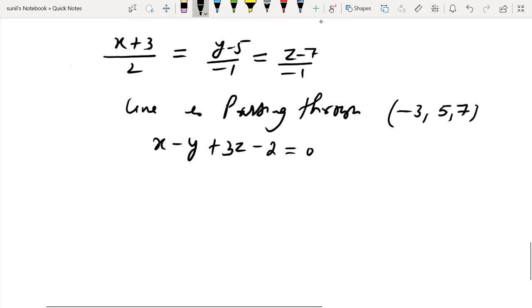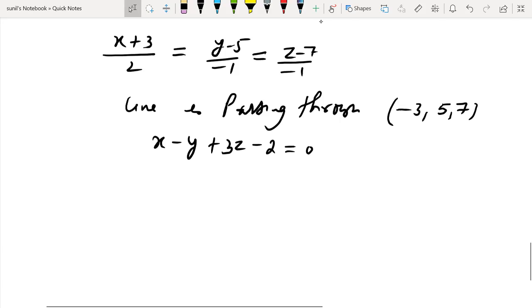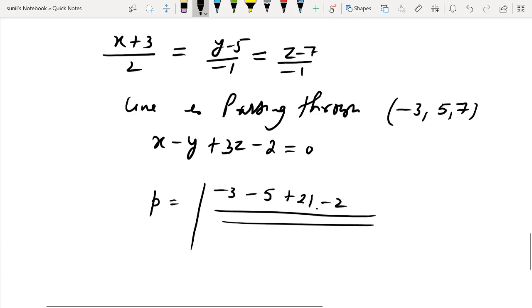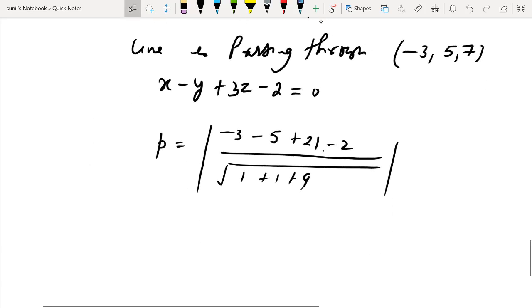Now let us find the distance from this point, that is nothing but the perpendicular distance, which is equal to, substituting the point in x, y, z, (minus 3 minus 5 plus 21 minus 2) by root of (1 plus 1 plus 9), and that is nothing but 11 by root 11, and that is equal to root 11 units.